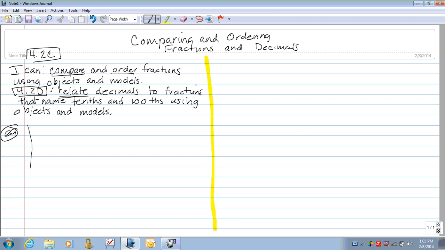We're going to make a chart. And this is going to be labeled distances to my best friend's house. Here's my BFF's house.